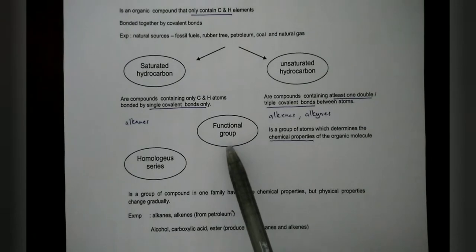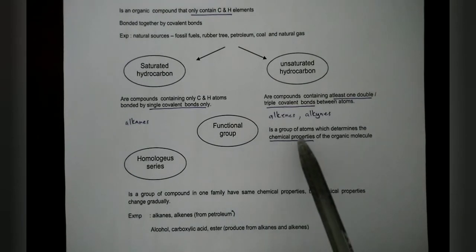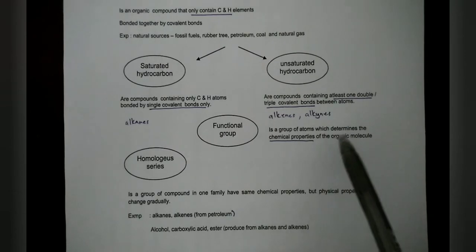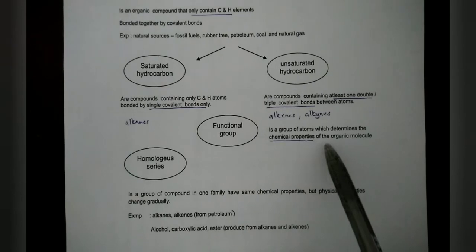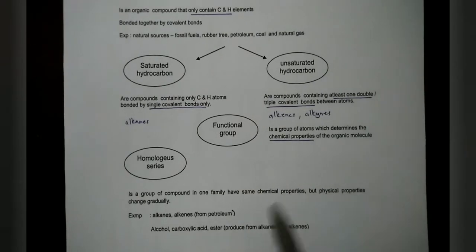How about the functional group? The functional group is a group of atoms which determines the chemical properties of the organic molecule. How about the homolog series? Is a group of compound in one family have same chemical properties, but physical properties change gradually.